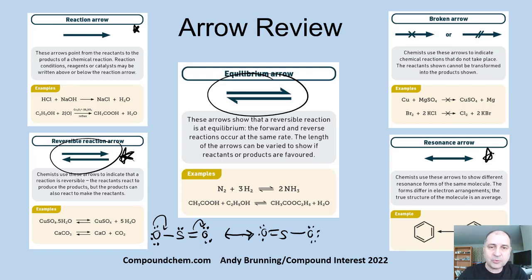And so this is just the position of the electrons, or the way the electrons are distributed. Those are called resonance structures, and we use this resonance arrow.